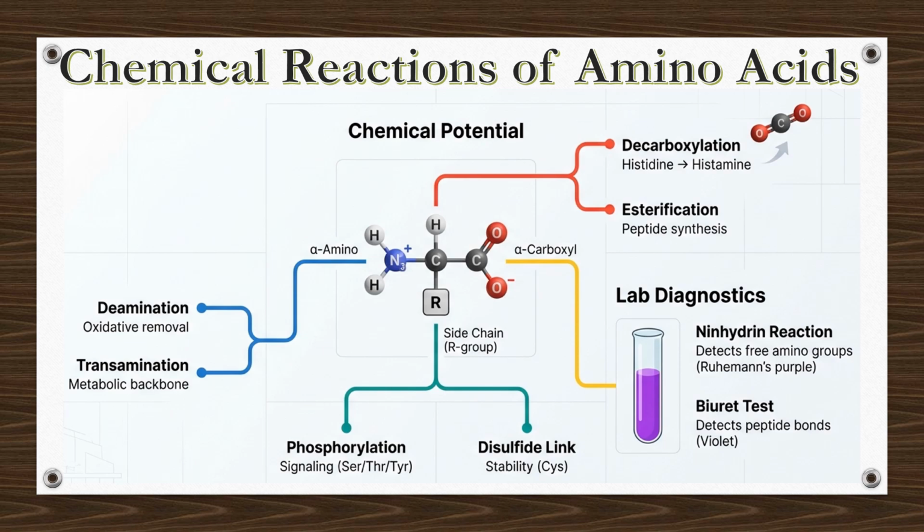Transamination transfers amino groups between molecules, linking amino acid metabolism to carbohydrate metabolism. Enzymes such as ALT and AST catalyze this reaction, and their activity in blood is used clinically to assess liver function.